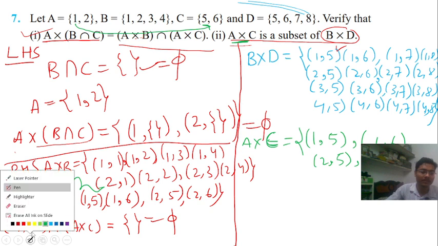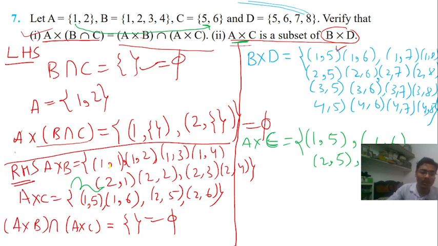So what are we going to match? We'll try to find 1 comma 5 in this major set. So we get 1 comma 5 here. We'll try to find 1 comma 6. Here we get 1 comma 6. We'll try to find 2 comma 5. Here we get 2 comma 5. And we will try to find 2 comma 6.